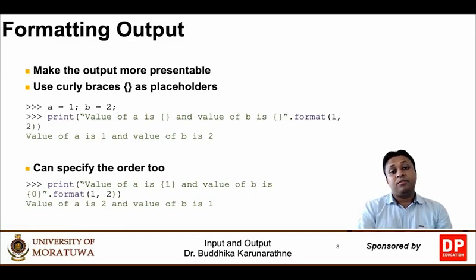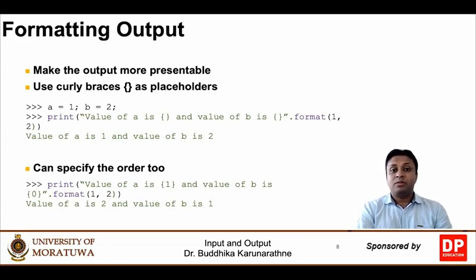Now, if we want to make our output more presentable, nicer, by formatting it according to a template, we can make use of the string formatting methods available in Python. We can use curly braces as placeholders in the template and use the method format to fill those placeholders with the relevant variables.